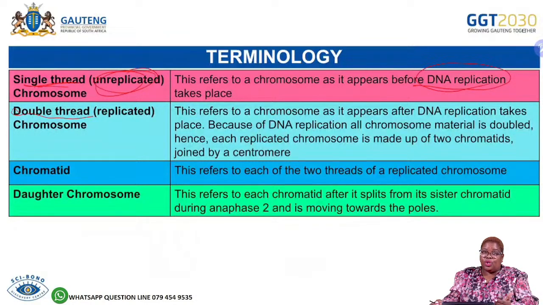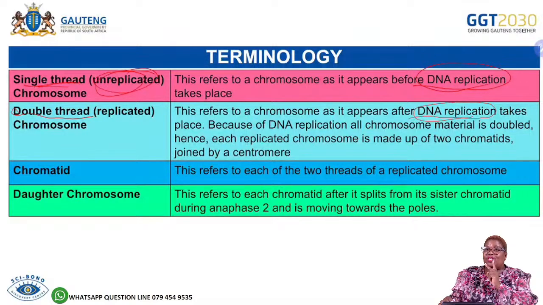So this is actually a summary of what we were just discussing. Double thread, which is the replicated chromosome, girls and boys, refers to the chromosome as it appears after DNA replication has taken place. Remember, a chromatid replicating itself, we're going to have two chromatids that will give us a chromosome.